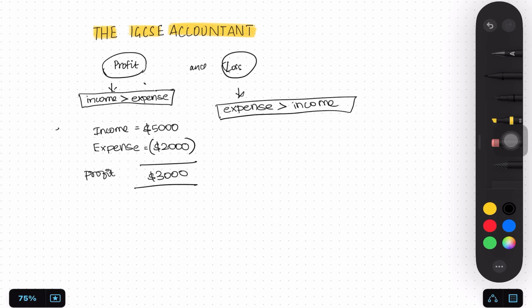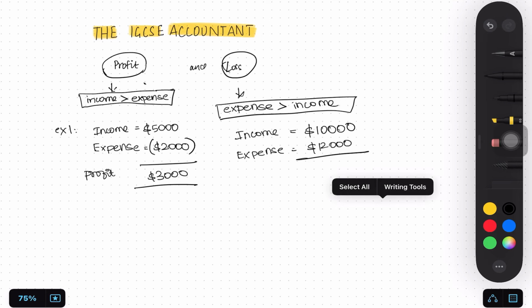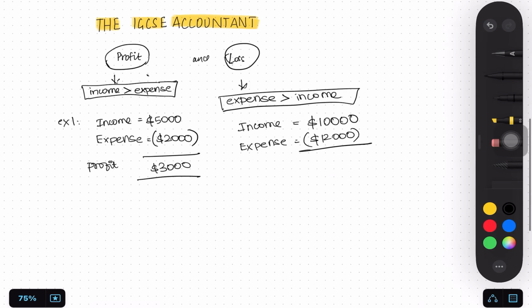Let's take an example. For example, the income you make is $10,000 in this case. Okay, and the expense you have is $12,000. So in this case, you cannot calculate your profit because it's a loss.